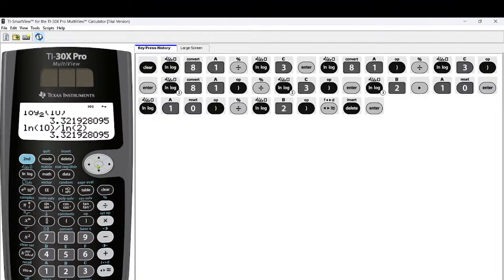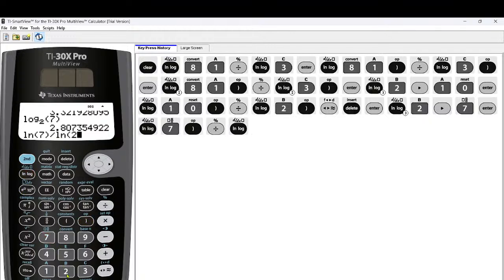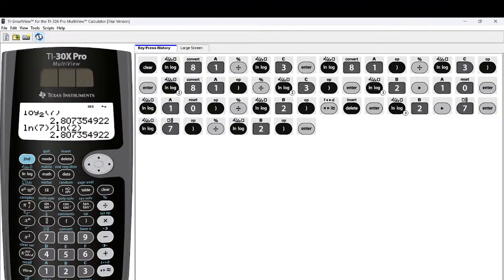I won't repeat the story after this one last time. If you've got this feature, cool. If you don't, then use change of base. And either way, as you've seen too many times tonight, so I won't do it again, you get about 2.8.